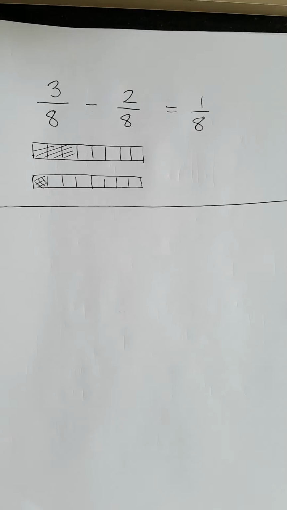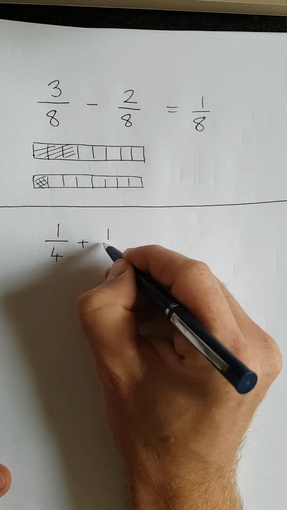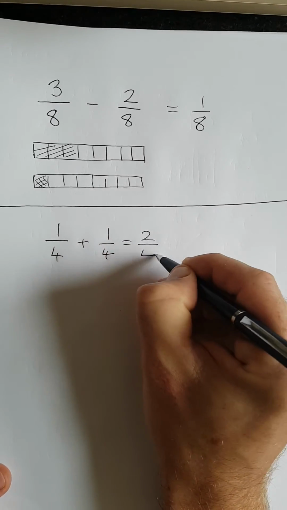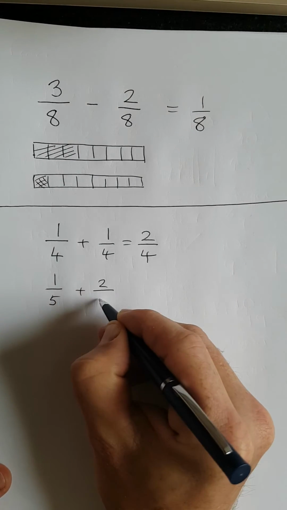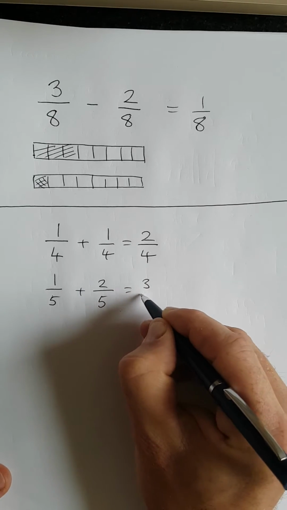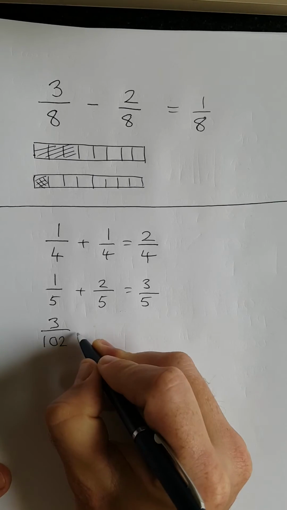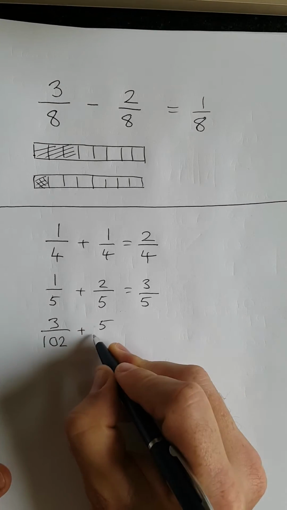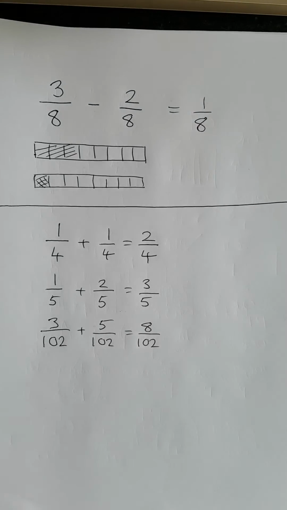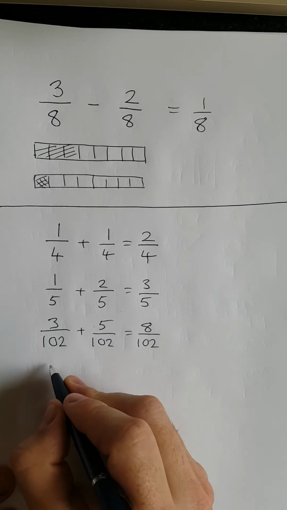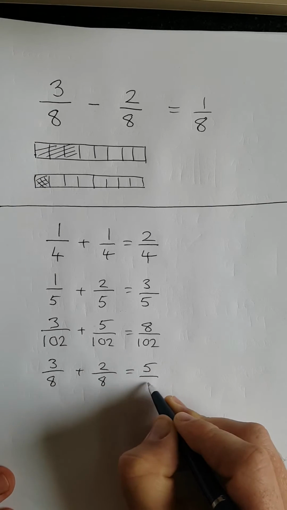Let's have a look at all of our examples and see if we can spot some patterns and describe a rule. We had 1/4 add 1/4 was 2/4. 1/5 add 2/5 was 3/5. 3/102 add 5/102 was 8/102. 3/8 add 2/8 was 5/8.